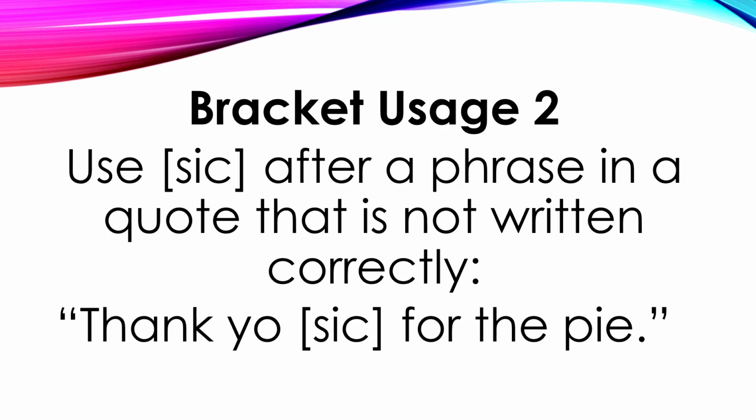So here we have a quote, opening quote, "thank yo." Now that should be you, but it was written as yo in the original text that I'm quoting, and I don't want to change that. So I put SIC in square brackets after it to indicate to the reader, hey, this is a mistake, but it's in the original quote. I didn't do it. The original writer did it. So that's the other use of square brackets.